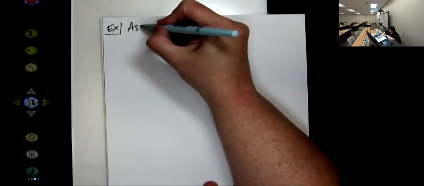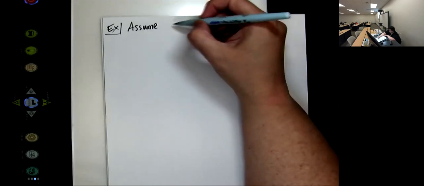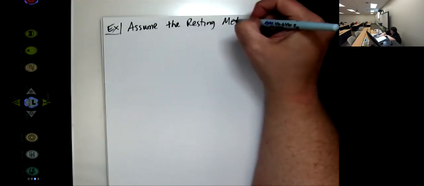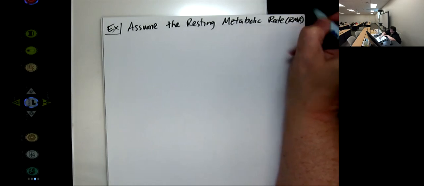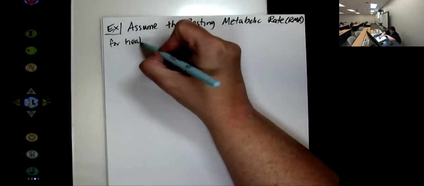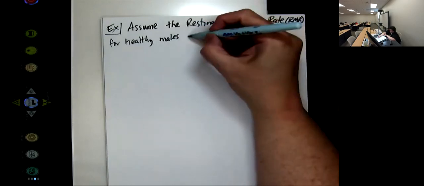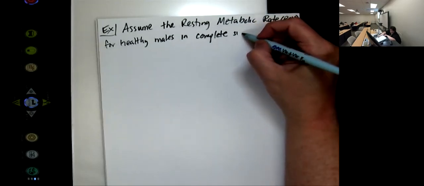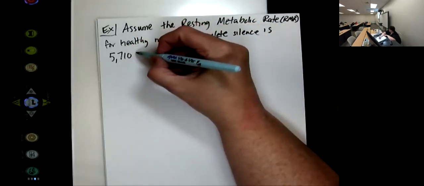So, assuming that the resting metabolic rate, which we will call RMR, for healthy males in complete silence, like they're resting and it's quiet, is 5,710 kilojoules per day.